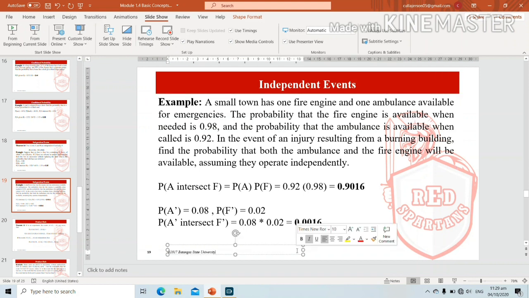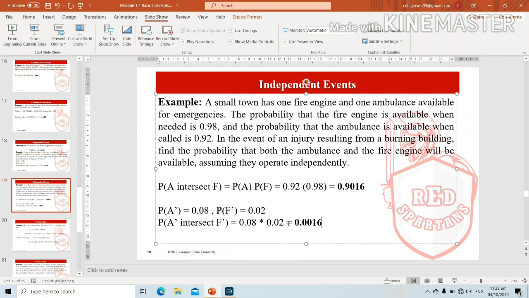Or 1 over 625. So, yun yung ating answer kapag tinanong yung probability na hindi available yung fire engine and ambulance.